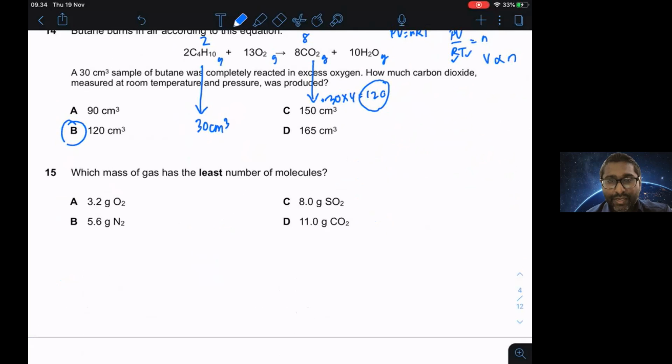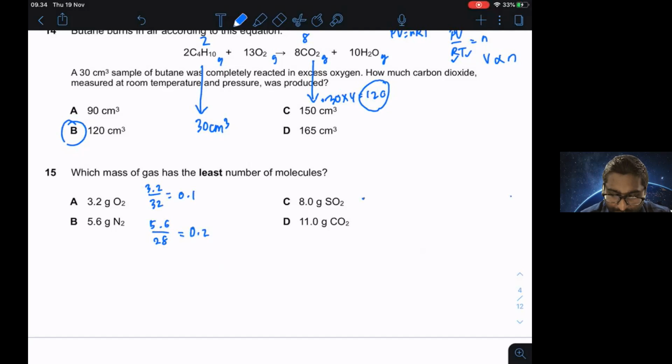First of all, we need to calculate the number of moles. How do we calculate the number of moles? 3.2 divided by oxygen, which is 16 times 2, so 32, you will get 0.1. For 5.6, nitrogen is 14, so 14 times 2 is 28. So 5.6 divided by 28, that's 1 over 5, so 0.2.